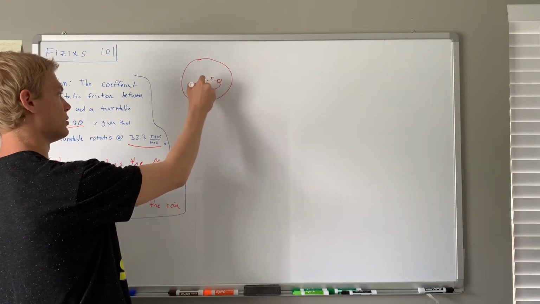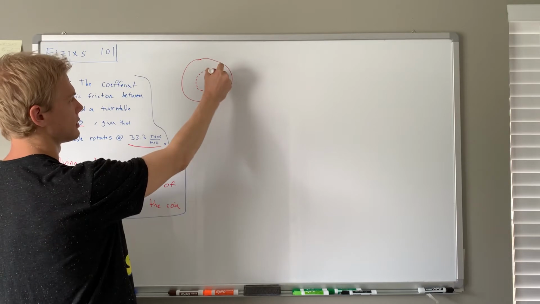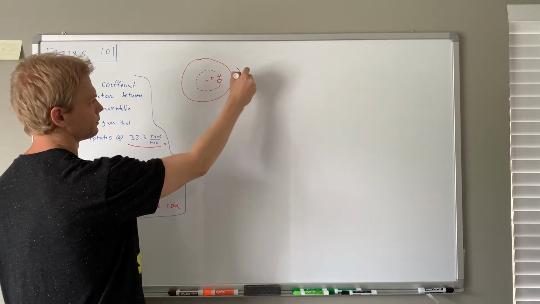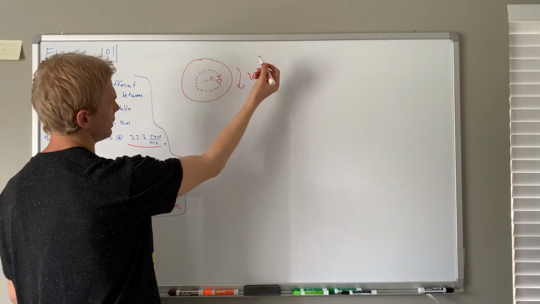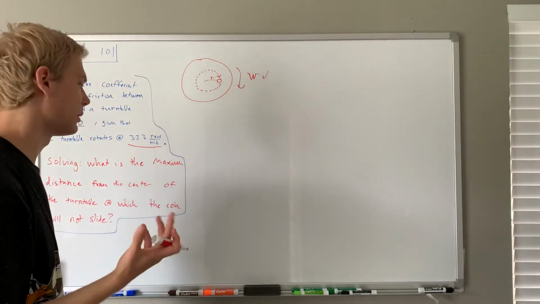And once you do that, it's going to move in a circular path. In this case, omega is clockwise, I'm assuming clockwise positive. Okay.